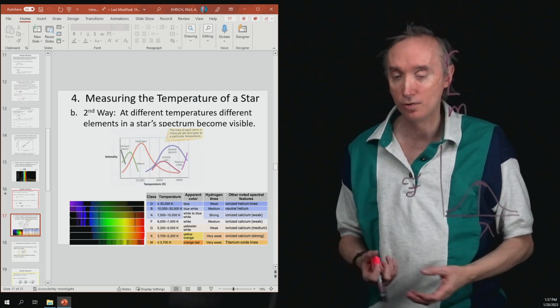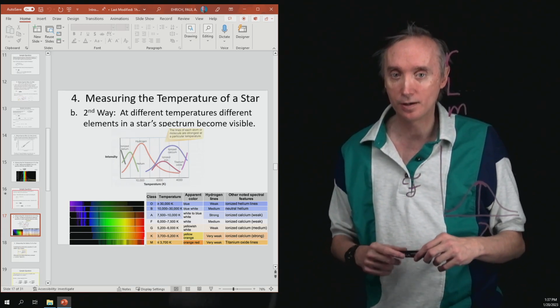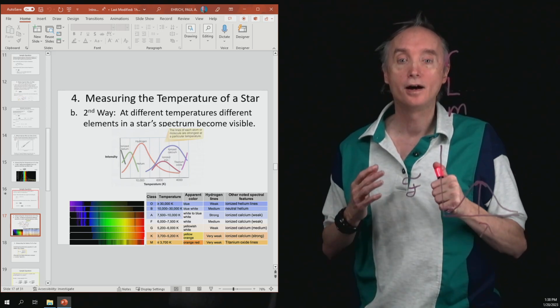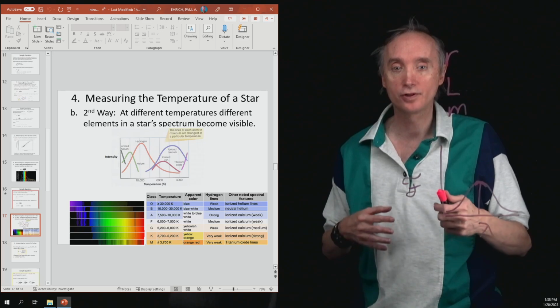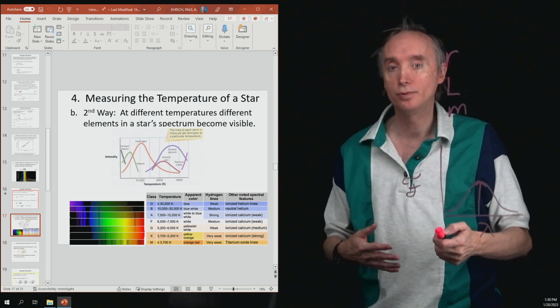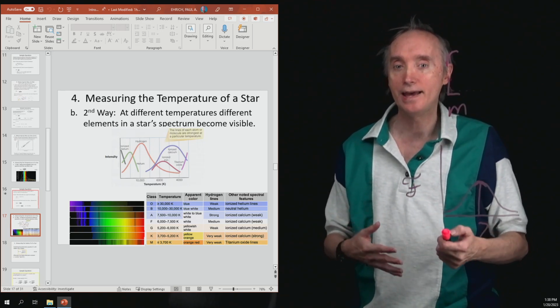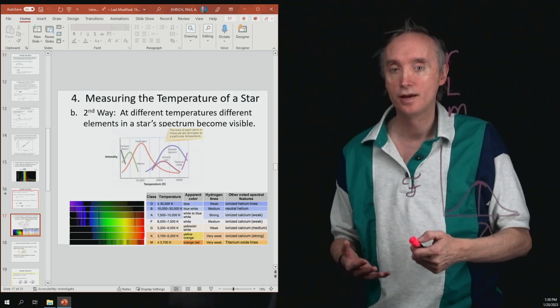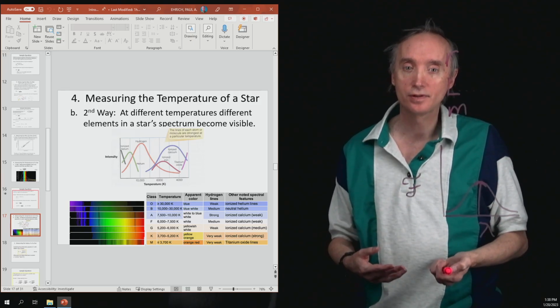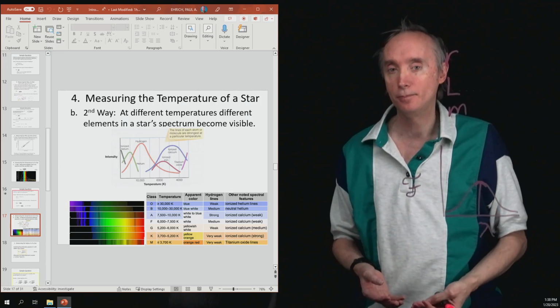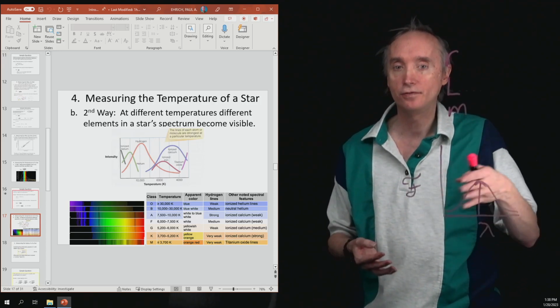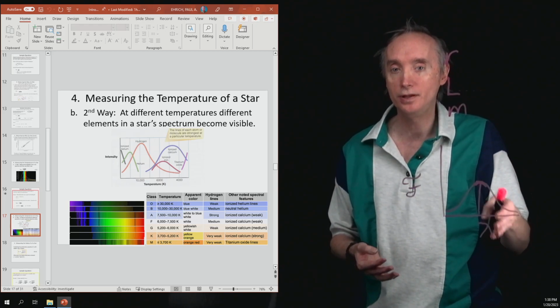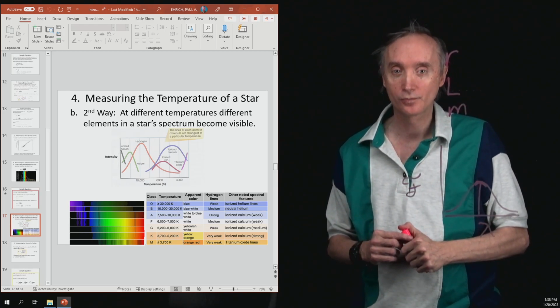I don't exactly know where this series of letters comes from, but they're called classes of stars. So you have, for example, an O-type star, or you have an A-type star. And depending on its class, it's going to be at a different temperature, and then based on the temperature, different elements will show up in its spectrum.